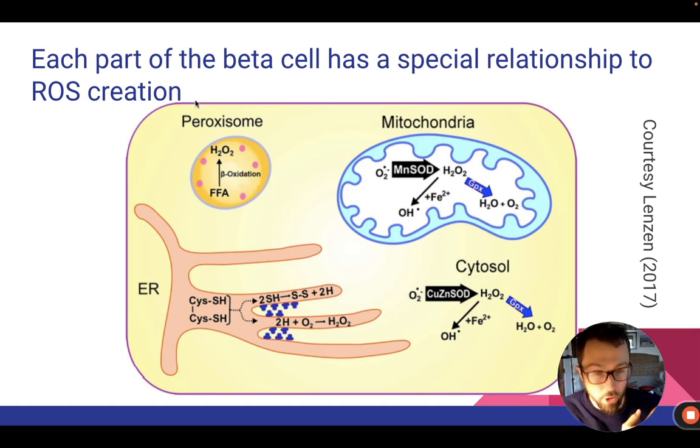Peroxisomes are an organelle specifically designed, not just in beta cells, in a lot of cells, to oxidize and neutralize free radicals, right? So it's taking things that could potentially be dangerous and makes them less dangerous. It's part of digestion, right?